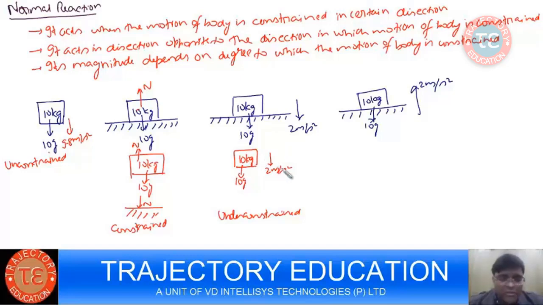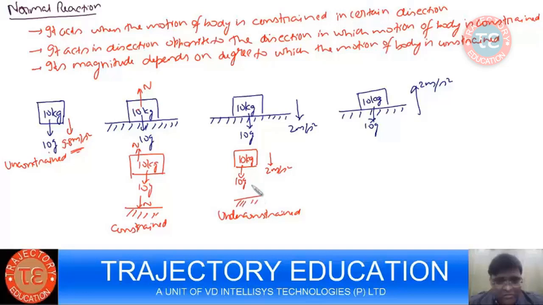But right now it is going with 2 meter per second square. It means that the motion of body is constrained in downward direction. It means it's still constrained, but not as constrained as this body. It is less constrained, so I call it under constraint.